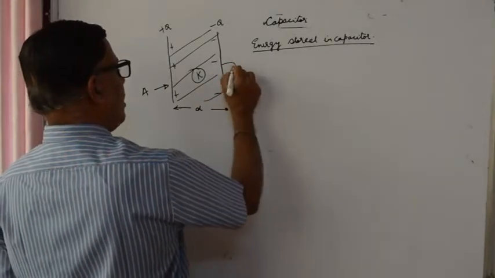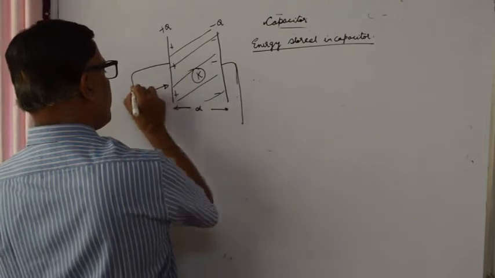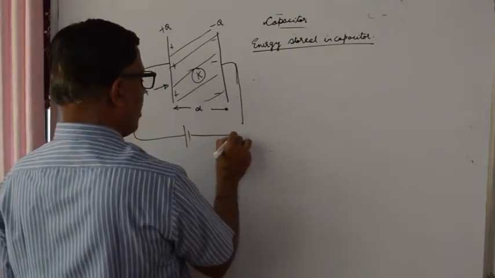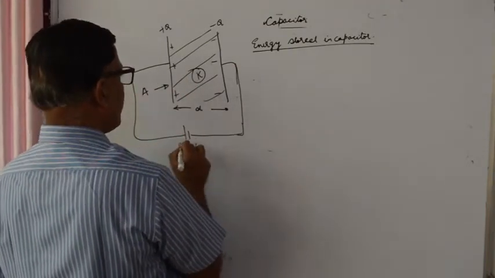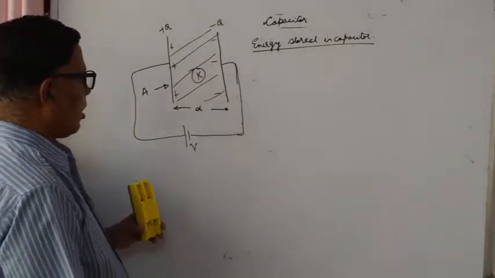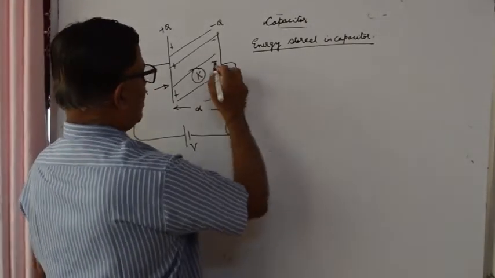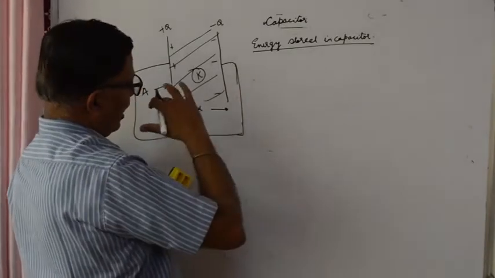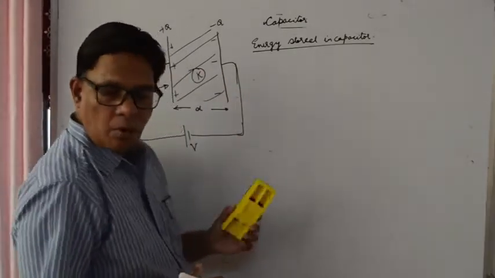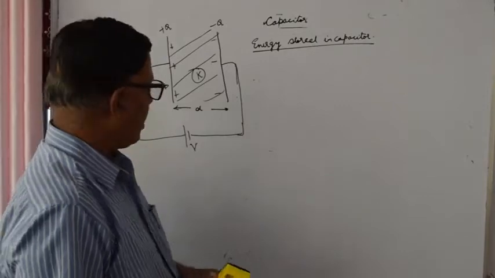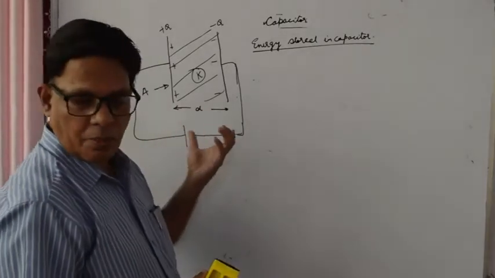We can connect it to a battery or a cell having potential difference V. On connecting this, initially the energy stored is in the form of potential energy. Okay, that is the work done in charging the capacitor.